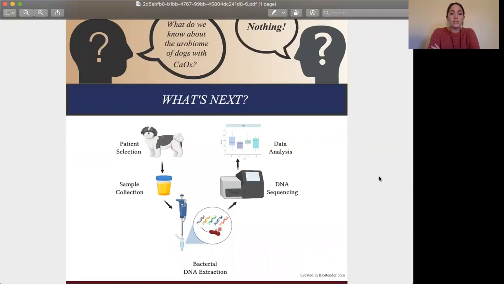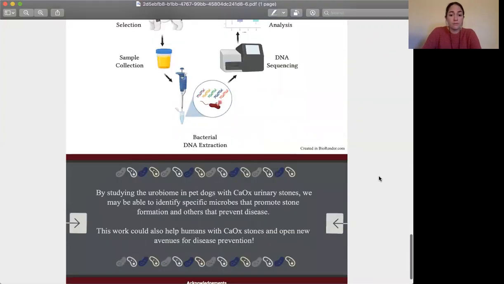So what we're doing is we've recruited dogs that form calcium oxalate stones, and then healthy dogs of similar ages and breeds. We take their urine and we extract all of that bacterial DNA out of it, and then we sequence it, meaning we essentially try to read the code in that DNA to answer what bacterial communities, what bacterial species are there.